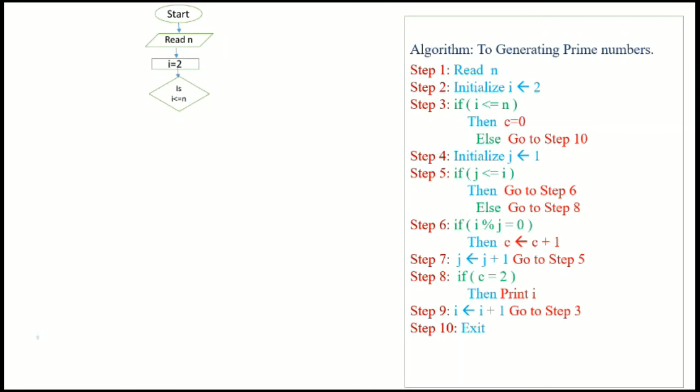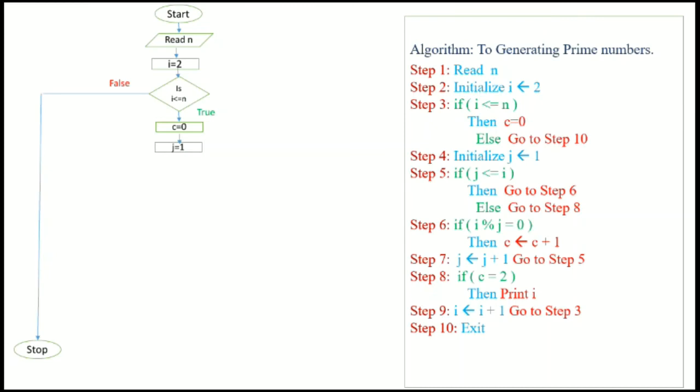If it's false, then we will stop our flowchart. If I is less than or equal to n is true, then we will assign the value of c as 0. Next, we will assign the value of j as 1.